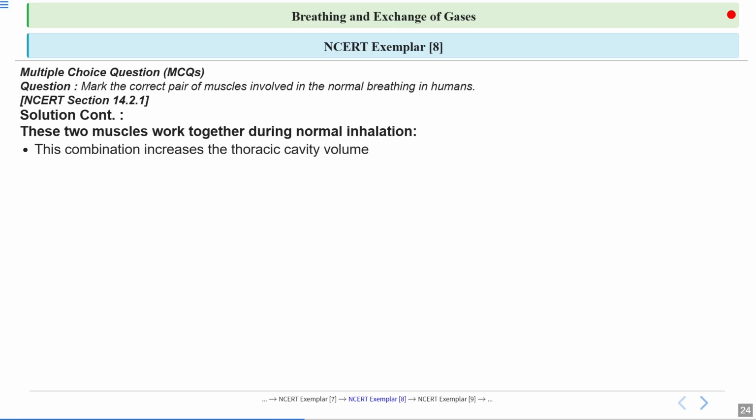And these two movements increase the thoracic cavity volume. That creates a negative pressure, because if the volume increases, the pressure becomes low, negative pressure, that draws air into the lung during normal breathing, because the air is more in the outer atmosphere as compared to the thoracic region. So air moves from the atmosphere to the inner thoracic region.